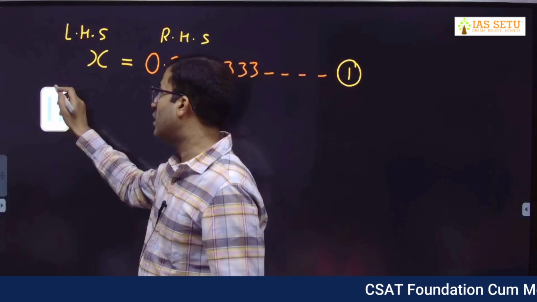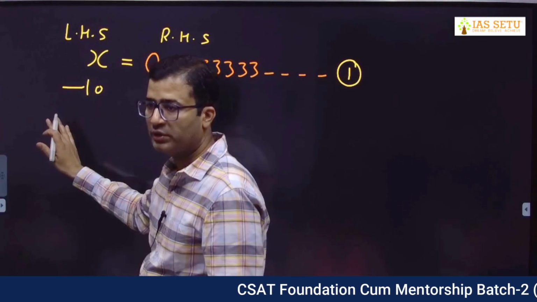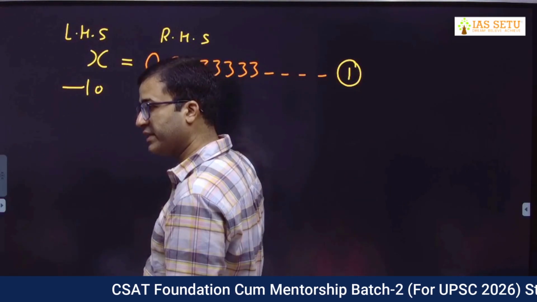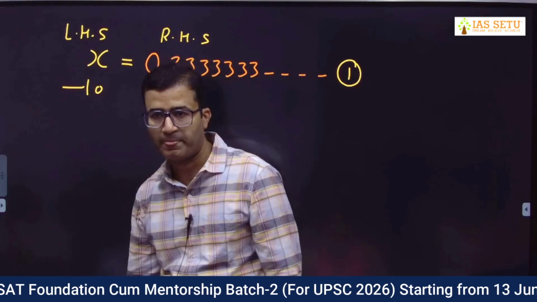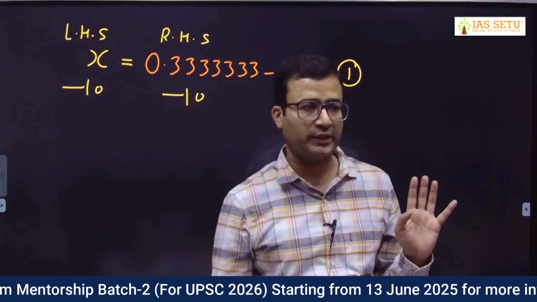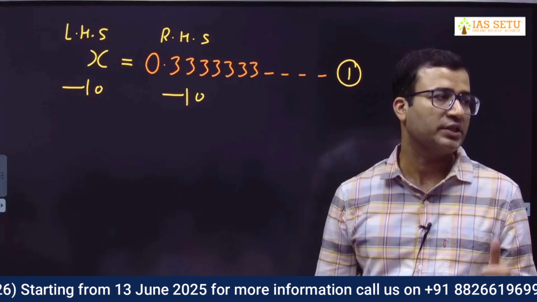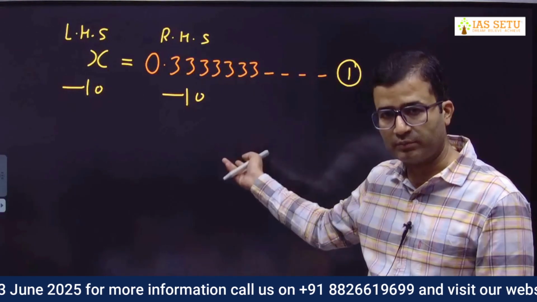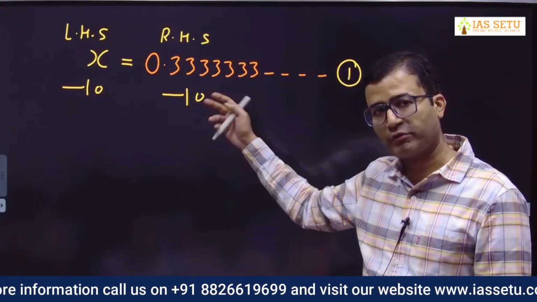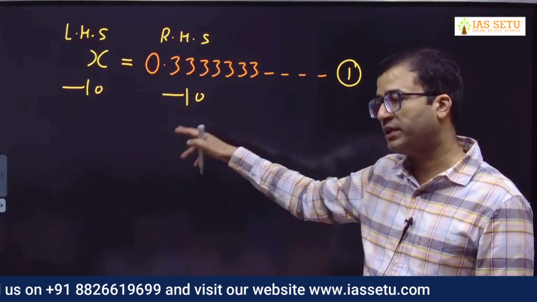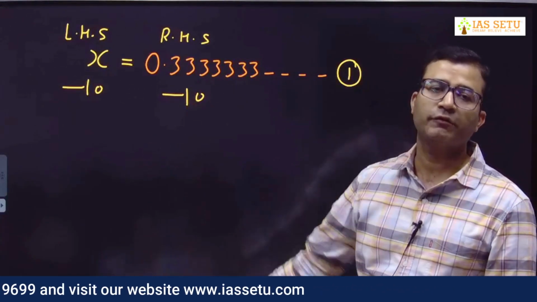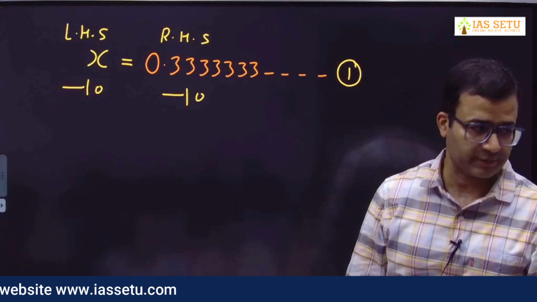If you want to subtract 10, you are allowed, but you do minus 10 on the other side also. So if you add, add on both sides; if you subtract, subtract on both sides; if you multiply, multiply on both sides; if you divide, divide on both sides.